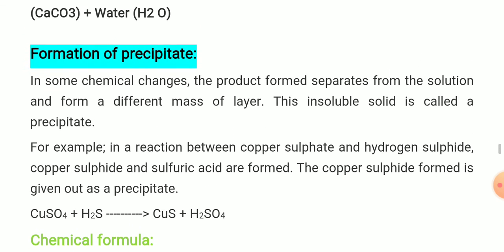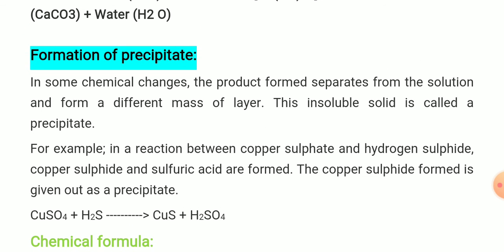Formation of precipitate. I've already mentioned that in some chemical reactions there is formation of a solid insoluble product which separates out from the reaction, and the solid insoluble products are called precipitate. In some chemical changes, the product formed separates from the solution and forms a different mass or layer. This insoluble solid is called a precipitate.